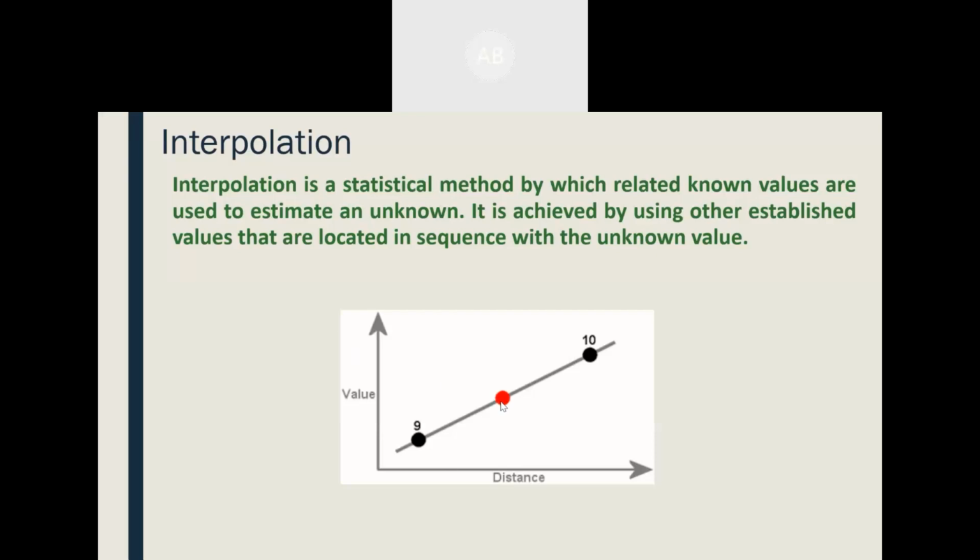But at the red point, we only know the value of x, but we don't know the value of y. So then you use the interpolation technique. It is achieved by using other established values that are located in sequence with the unknown value. Sequence means your relationship, and from the relationship you have a straight line that you have drawn and formulated, and using the straight line you can find out the value.